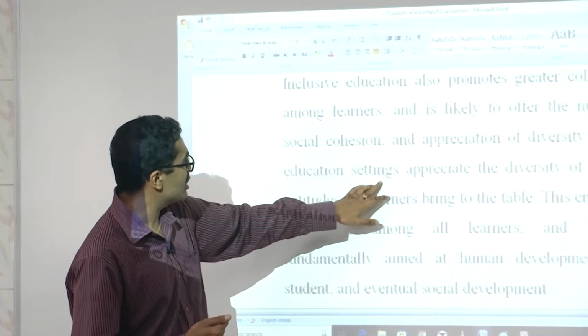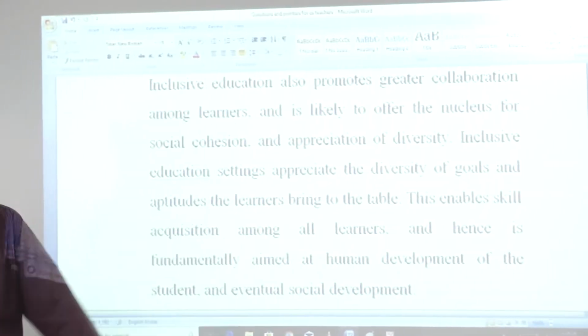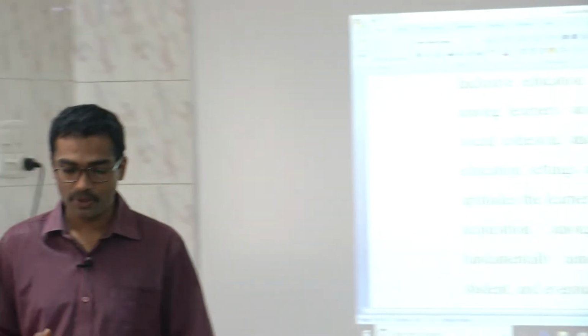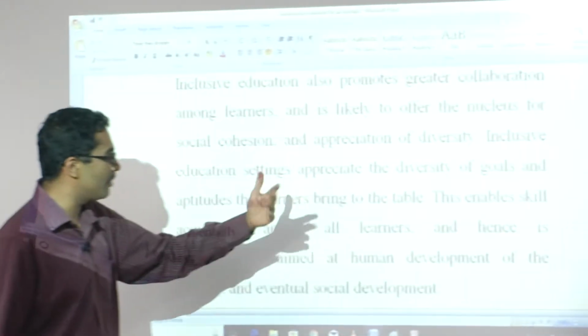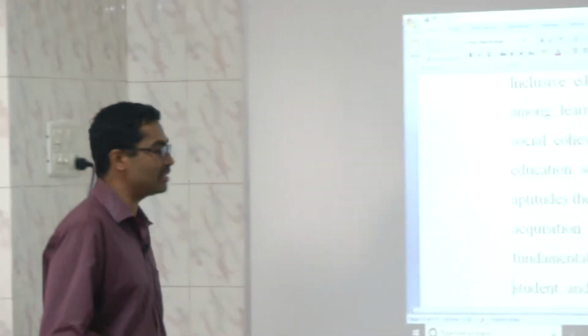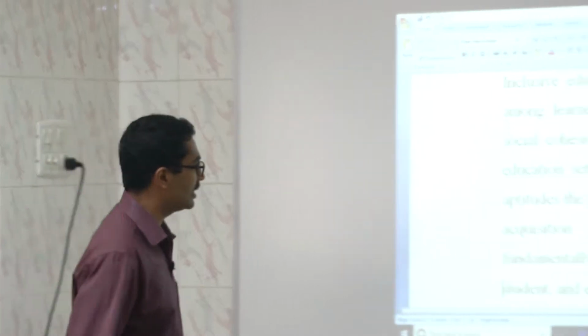So inclusive education settings appreciate the diversity of goals and aptitudes the learners bring to the table as well. So the teacher, for example, and all the learners, the participants in a classroom, tend to appreciate what others bring to the table, regardless of who they are, where they come from, what their current skill sets might be, and so on, because everybody is a collaborator in such a classroom setting.